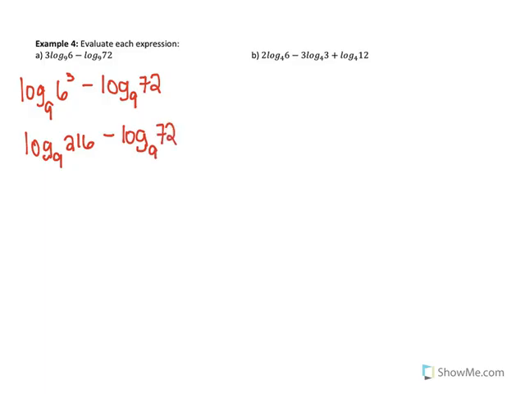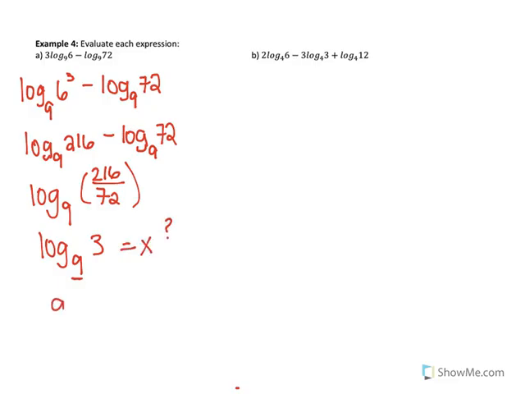And now I'm going to divide because it's a subtraction. So 216 over 72, which is 3. So now I have to think of 9 to the power of what is equal to 3.